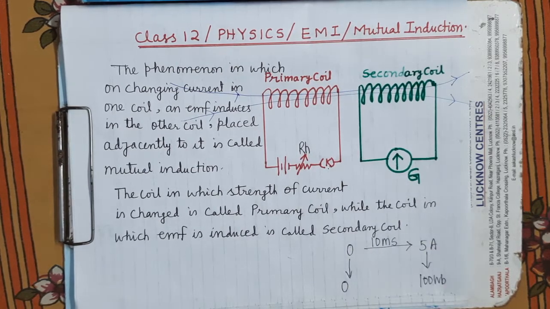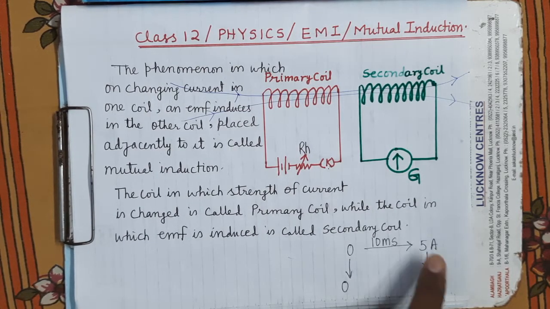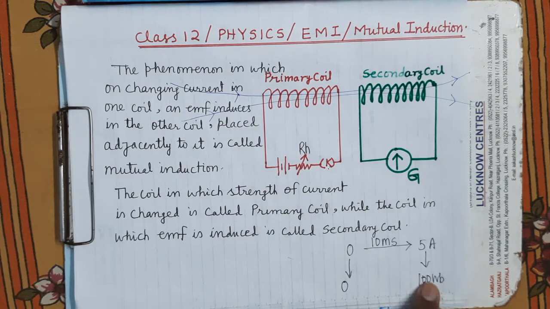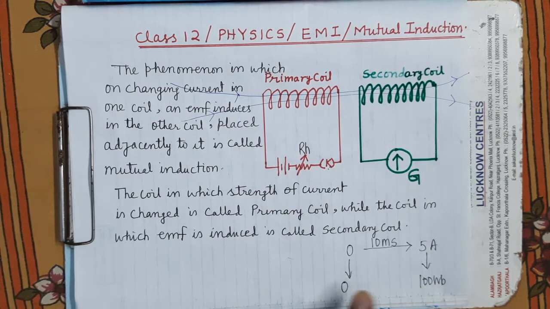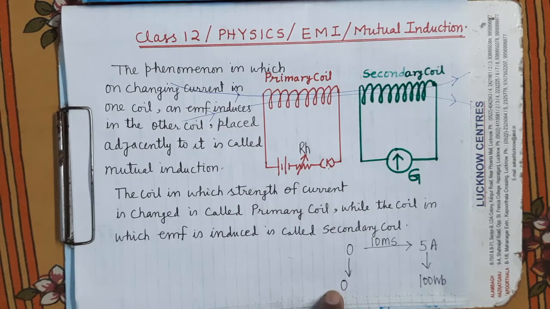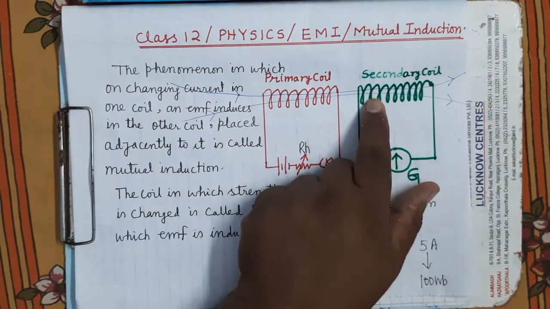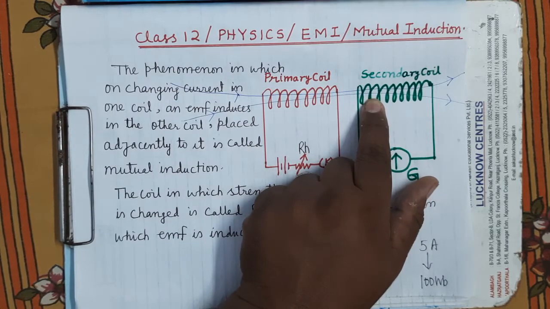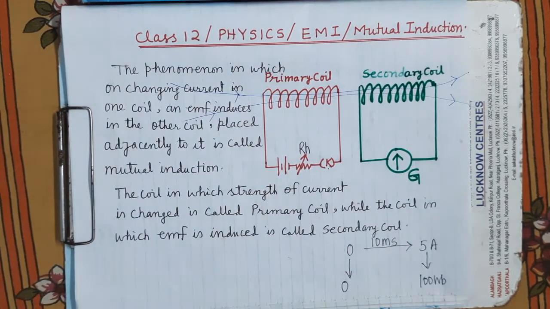Similarly, if you switch off the current, what will happen? The amount of flux varies from this to this. It decreases from 100 Weber to 0. Once again there will be a change of flux, but now it is decreasing in nature. And what will you find?